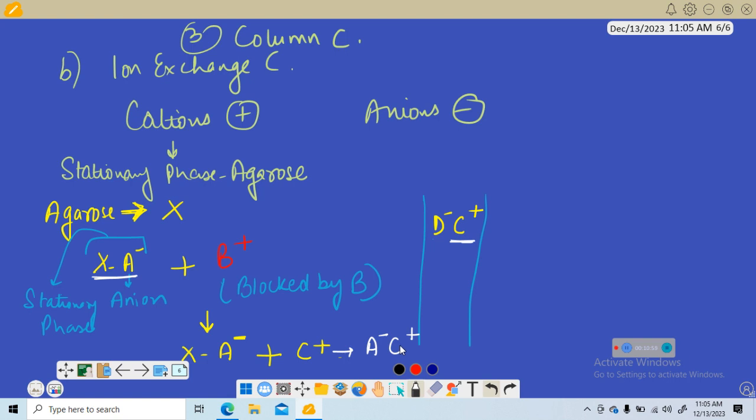So here, now this D negative is present in the molecule. So what will come out? The negative molecules will come out, as well as neutral ones also. So D negative and B positive will be eluted out.